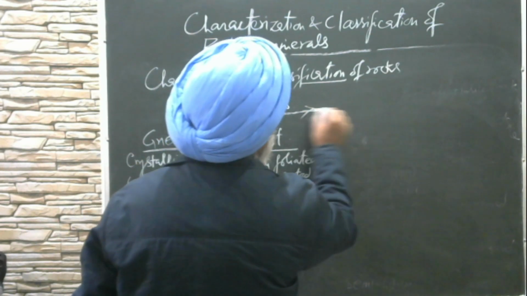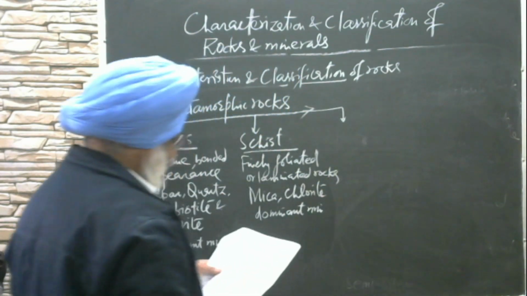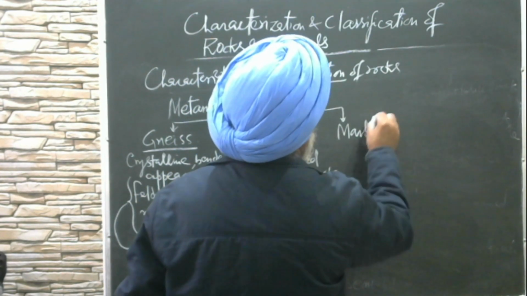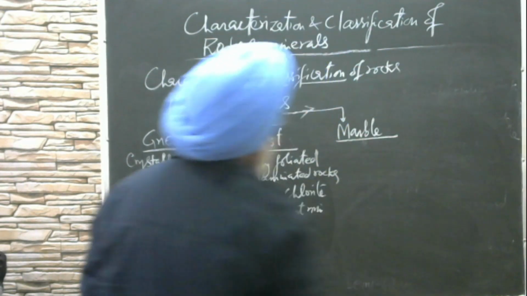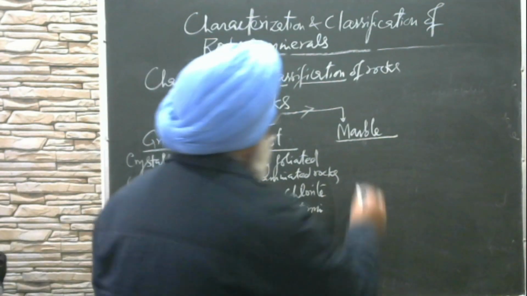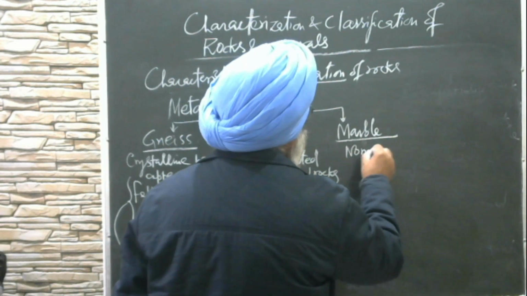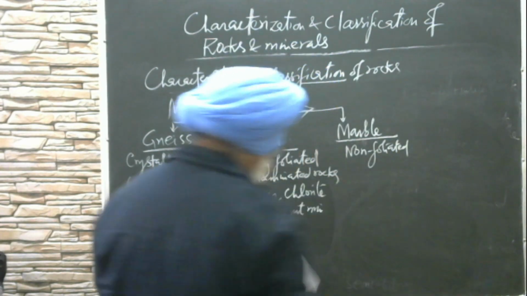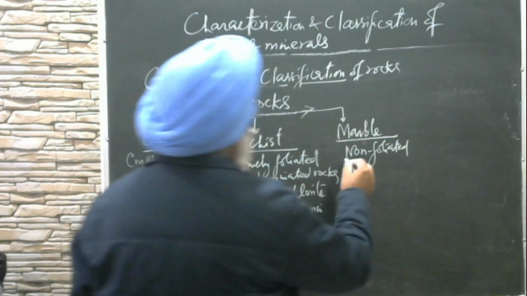Then after this, the third group is marble. Marble is non-foliated. We use marble in our homes. Non-foliated, crystalline rock.